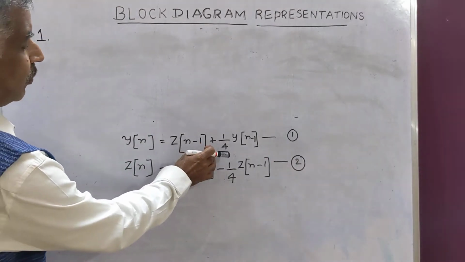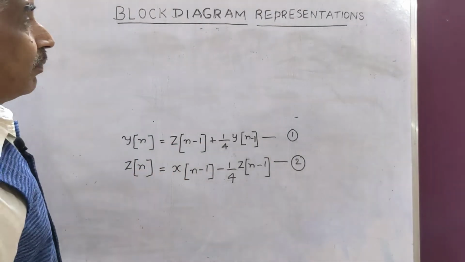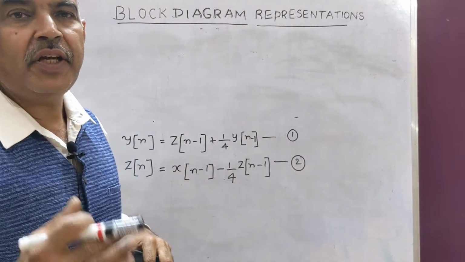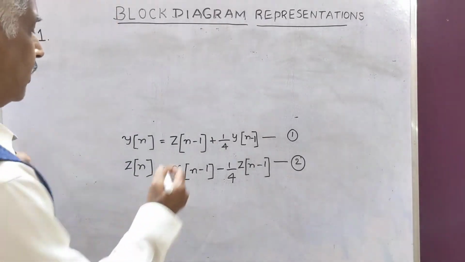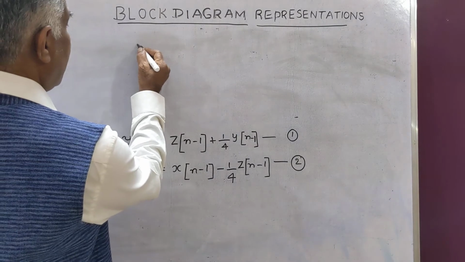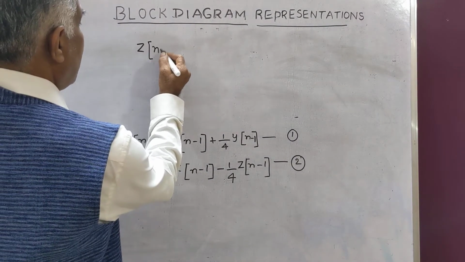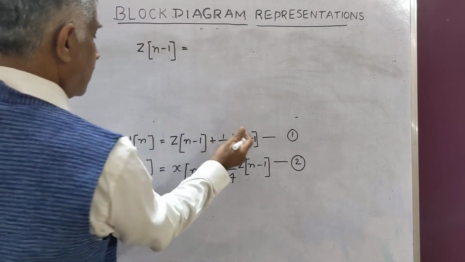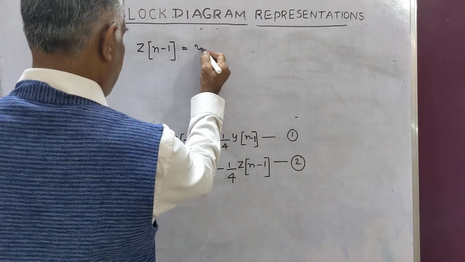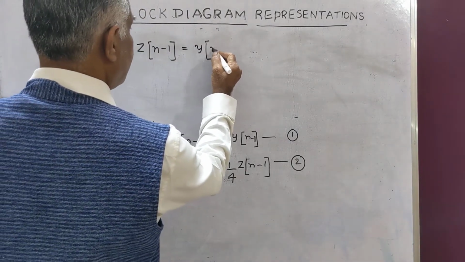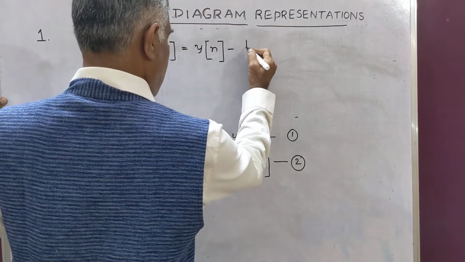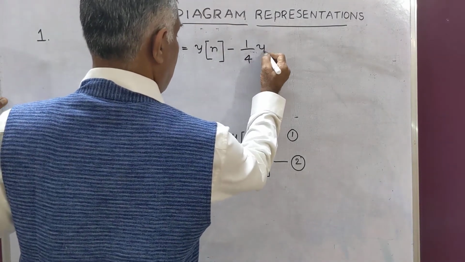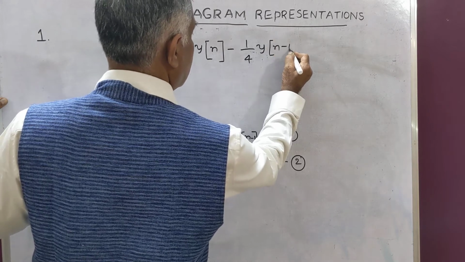From this equation you write z of n minus 1, because ultimately when you write the difference equation, z should not be in the picture. Z of n minus 1 equals, taking it to this side, y of n minus 1 by 4 y of n minus 1.